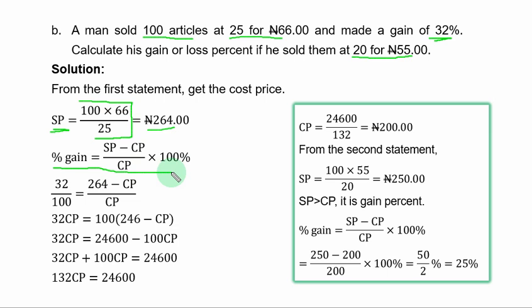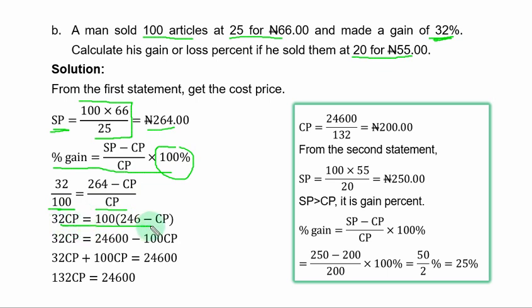Since the first statement is percentage gain, we use the formula for percentage gain to get the cost price. The gain of 32% simply means 32 over 100. Selling price is 264 minus cost price over cost price. If you cross multiply, you have this result.